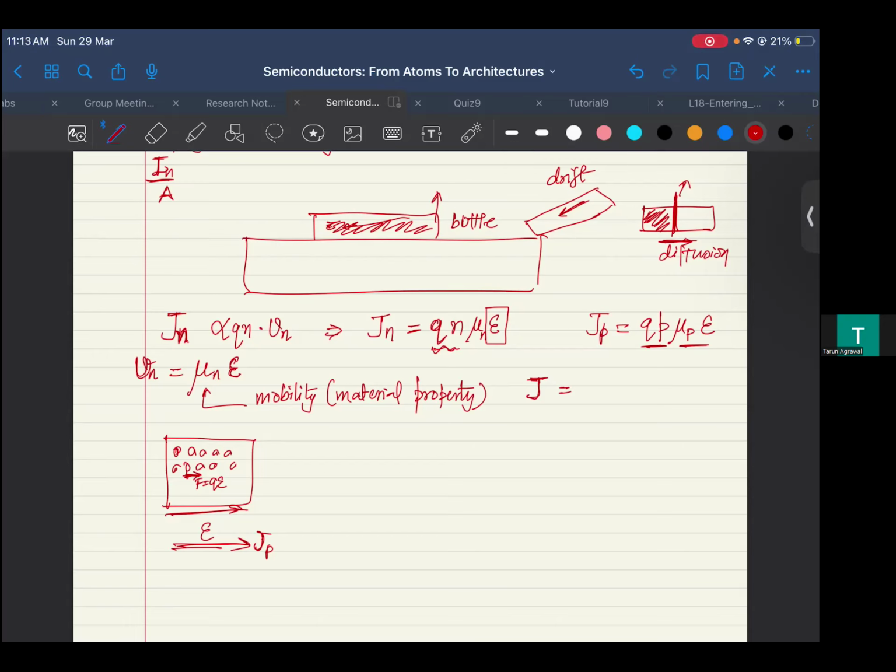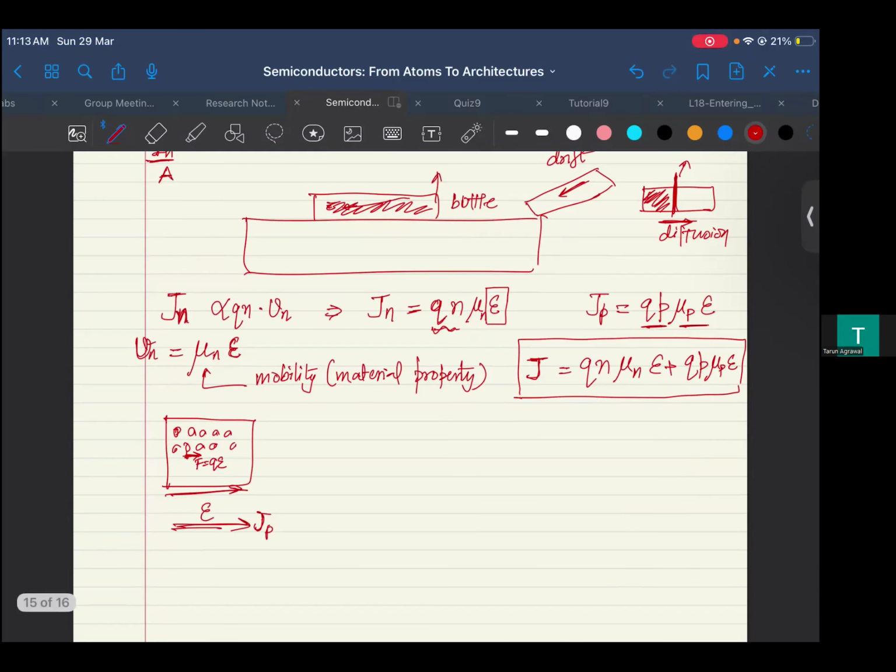So if an electron goes from one floor to another, valence band to conduction band, it also creates a hole. That is why the total current is the sum of these two components. That is one clear equation which describes the current flowing in the semiconductor due to these two mechanisms, right?